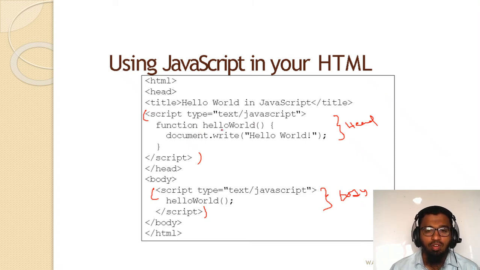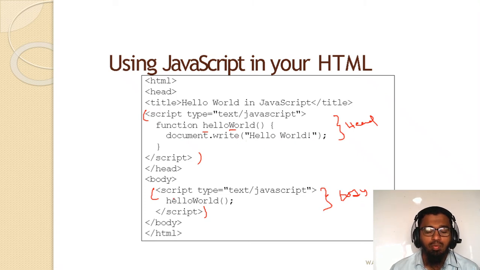We created one function, the name is helloWorld. Whenever we create a function name, the second word's first letter should be capital, and the first letter of the first word is small. And we will write document.write hello world.